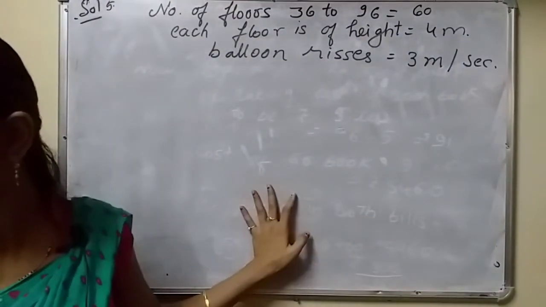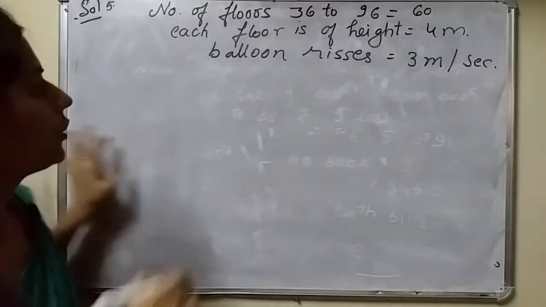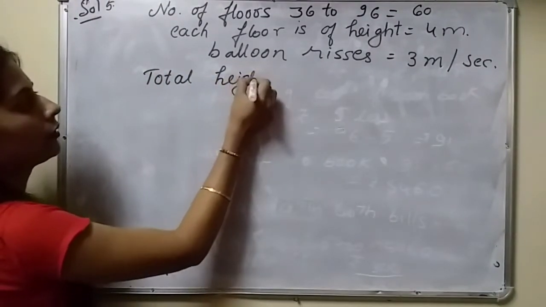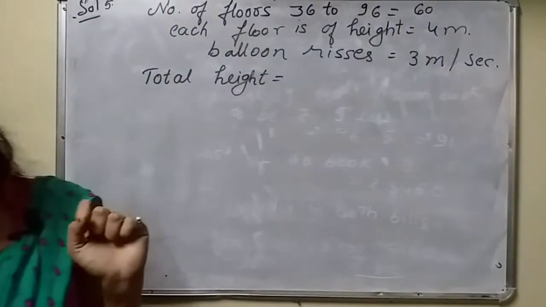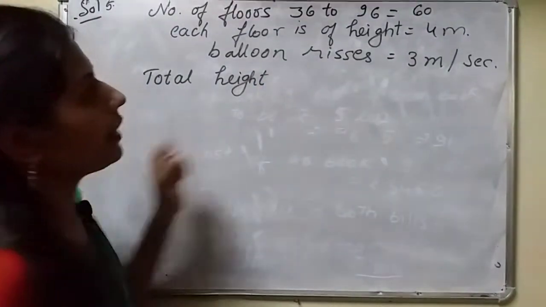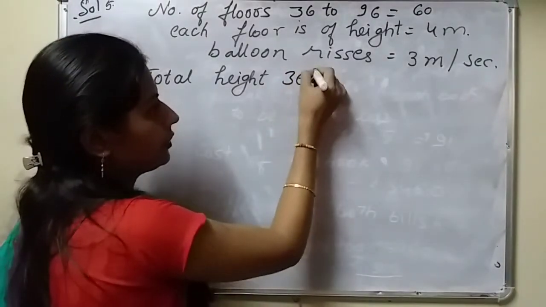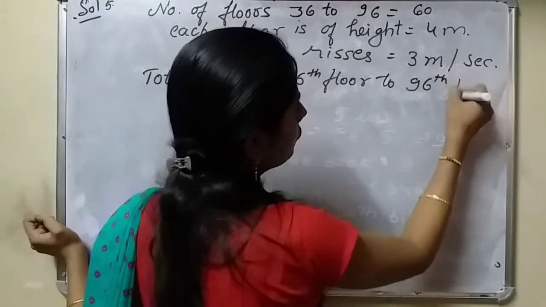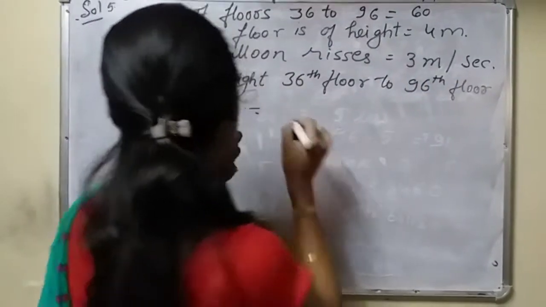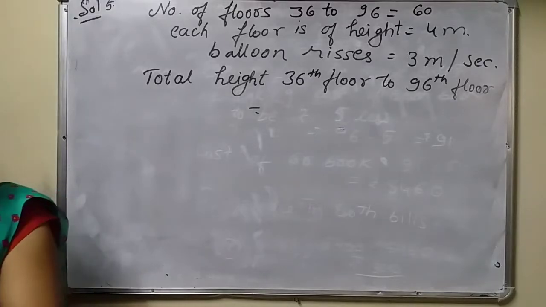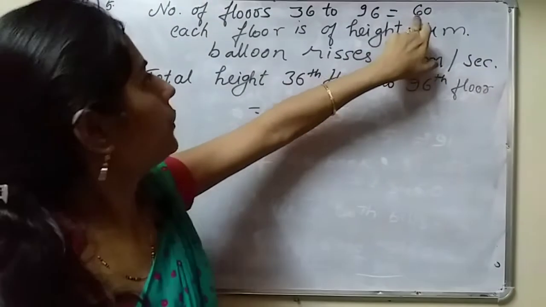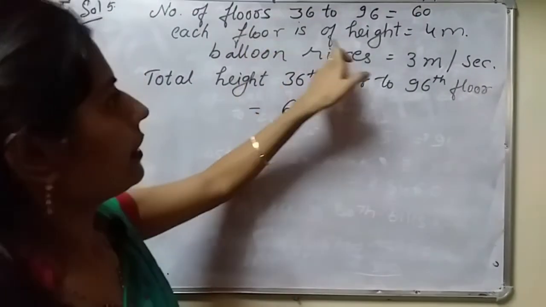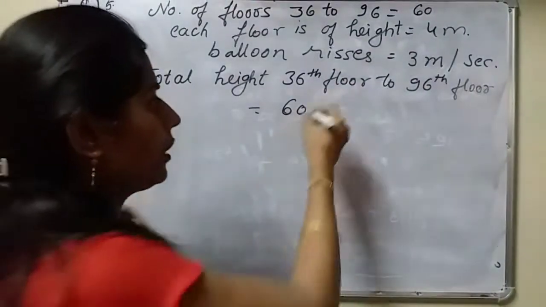Now see, the total height you have to find. Total height, from the 36th floor to the 96th floor, is equal to the number of floors, which is 60, and each floor is of height 4 meters.